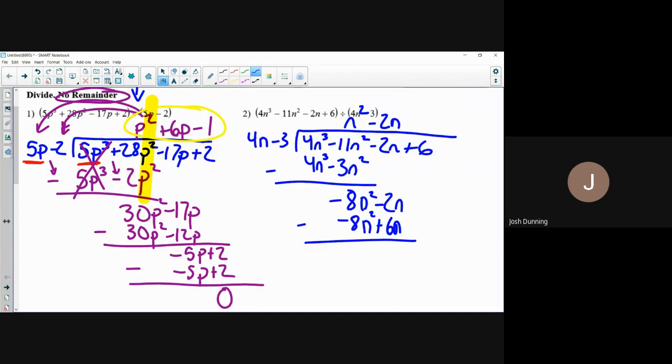So negative 8. Bring down 6. To finish this off, I have to multiply 4 by negative 2 to make it match negative 8. And again, we have our plain old negative 2 with no variable over that 6 with no variable. All your constant terms are lined up. Double negative, plus 6. So again, you're subtracting the whole thing from itself.